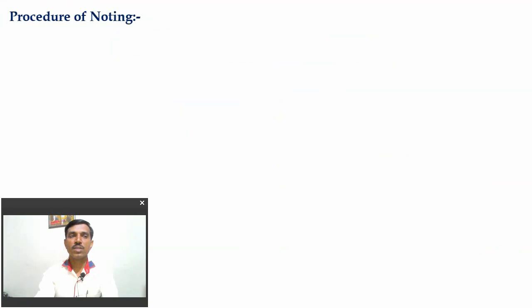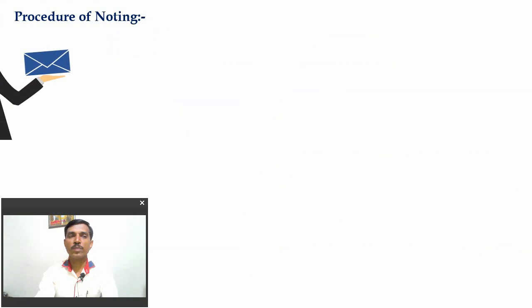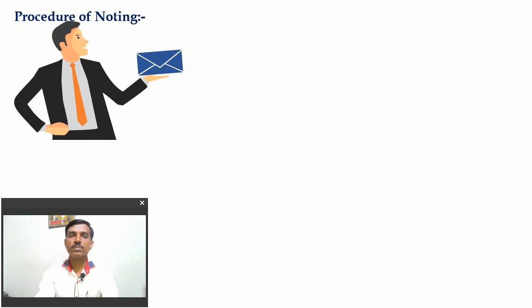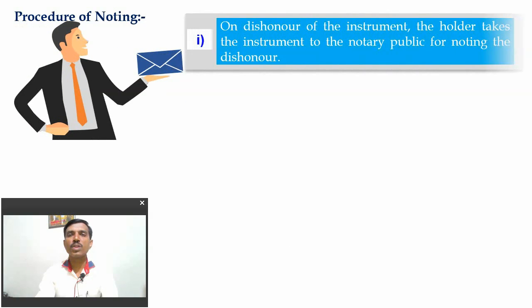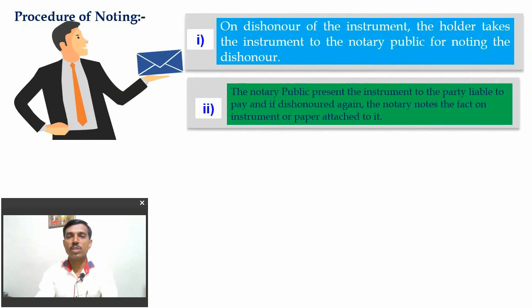Next, the procedure of noting. What is the procedure of the noting? On dishonor of the negotiable instrument, promissory note or bill of exchange, the holder takes the instrument to the notary public for the noting of dishonor. The notary public presents the instrument to the liable party for payment, and if it is dishonored again, the notary notes that fact on the instrument or on a paper attached to it.